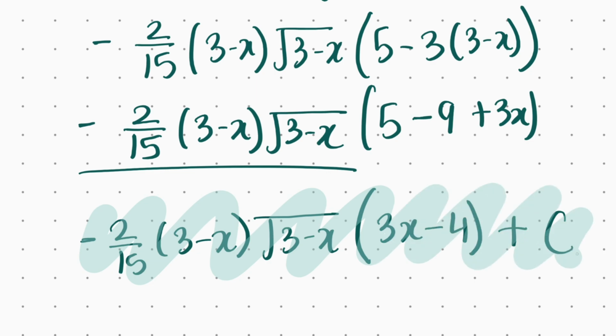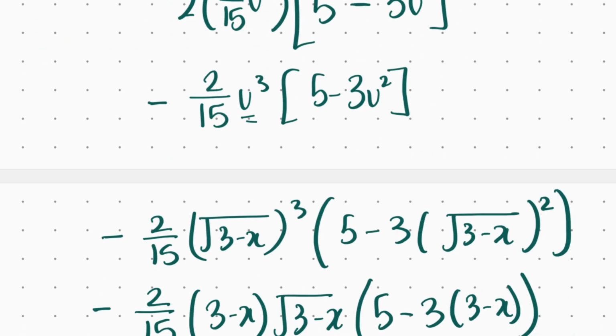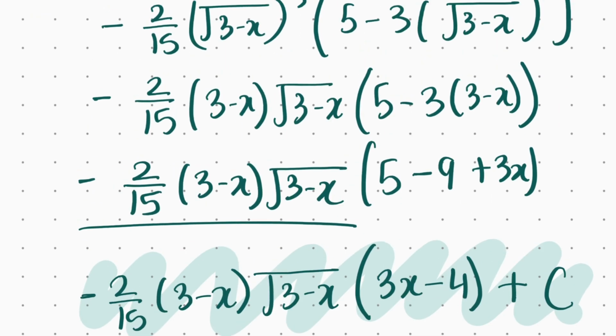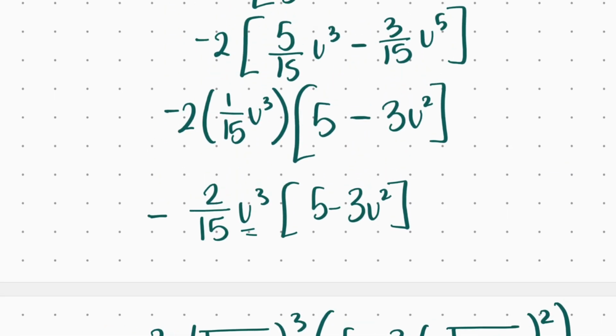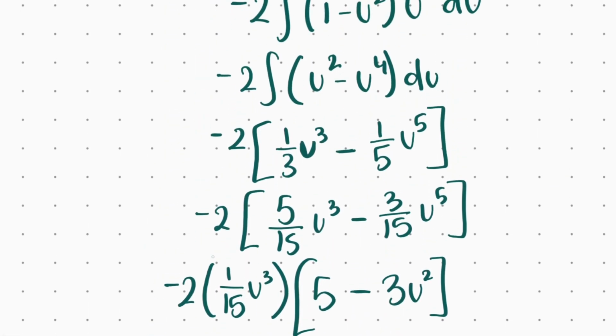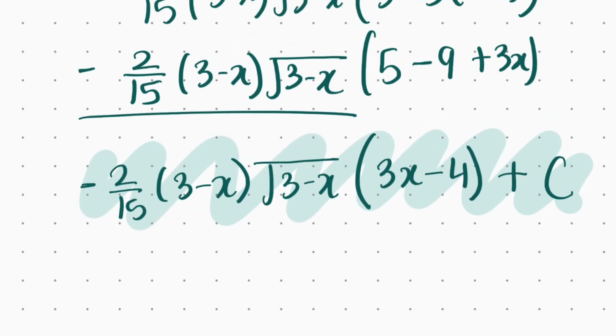It took a while to get this answer, but as you saw, almost all of it was actually just simplifying. So you may have gotten a different answer because you didn't simplify it well, like I did over here, because I got the common denominator, I found the common factor, took it out. And this is actually the correct way to write it.